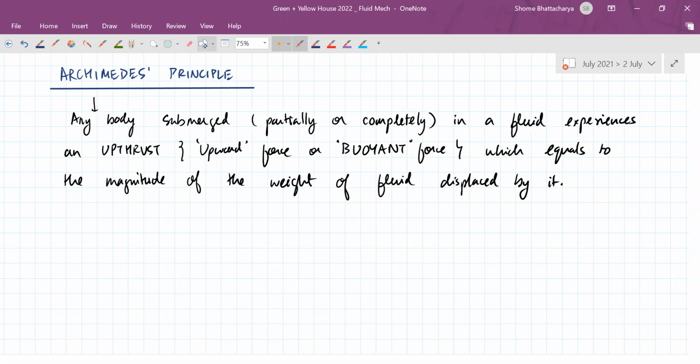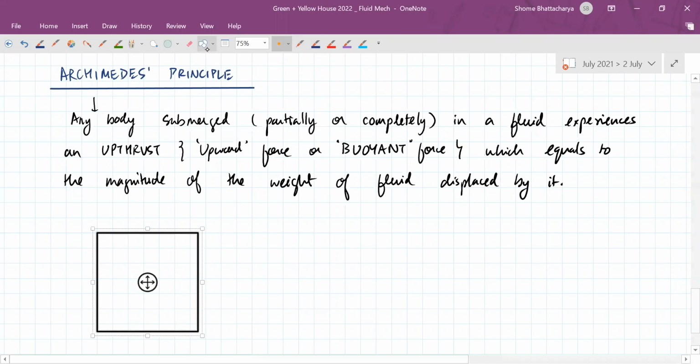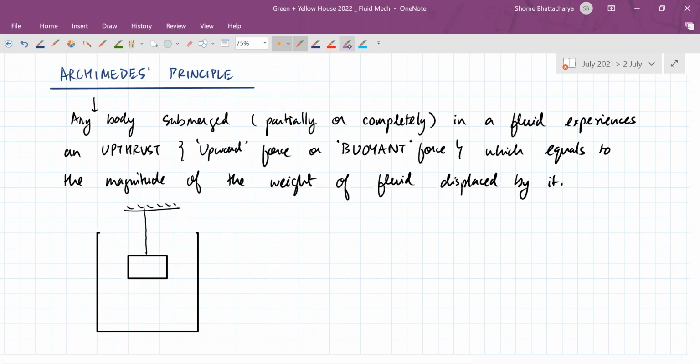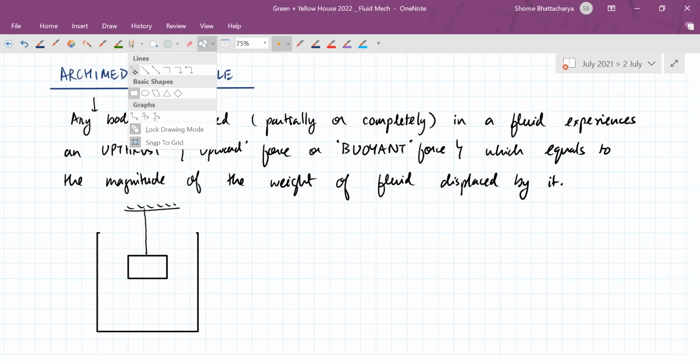Okay, let's understand this in a mathematical form. We have two situations. One where a body is partially submerged in a fluid. An example would be a heavy object suspended using a thread or chain, such that part of it is inside a fluid.